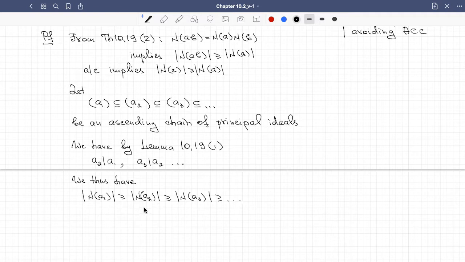What we have here is already a chain of non-negative integers, and non-zero, by the way, because if A is not zero, zero ideal is the smallest, not the biggest. So they are all not zeros, and at the same time the sequence is decreasing. A decreasing sequence of non-negative integers cannot be infinite.